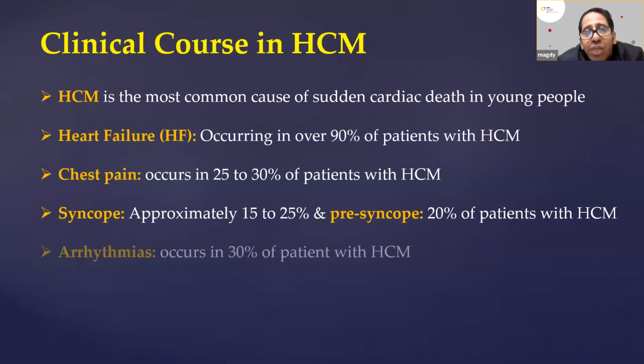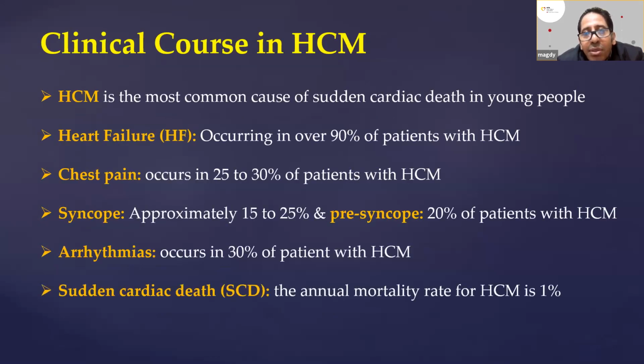Hypertrophic cardiomyopathy is one of the most common causes of sudden cardiac death in young patients. We can see heart failure in up to 90% of patients. Chest pain is very common, in 30% of patients.